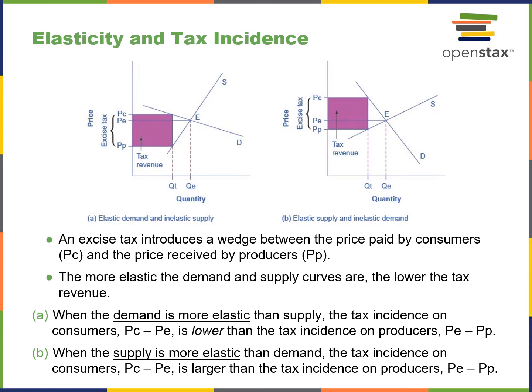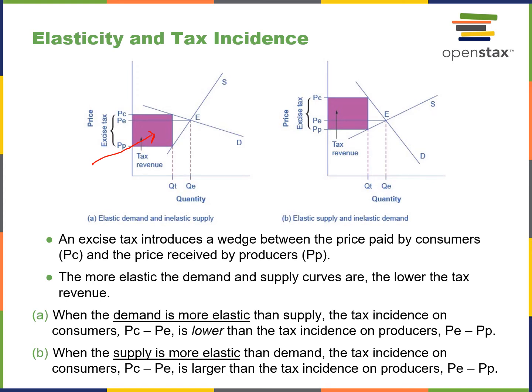A graphical illustration of what we've been talking about. In this instance, we have a change in excise tax, so excise tax is included as part of the cost. When the demand is more elastic than supply, the PC minus E is lower than the tax incidence on producers. So producers are getting hit with more tax here.